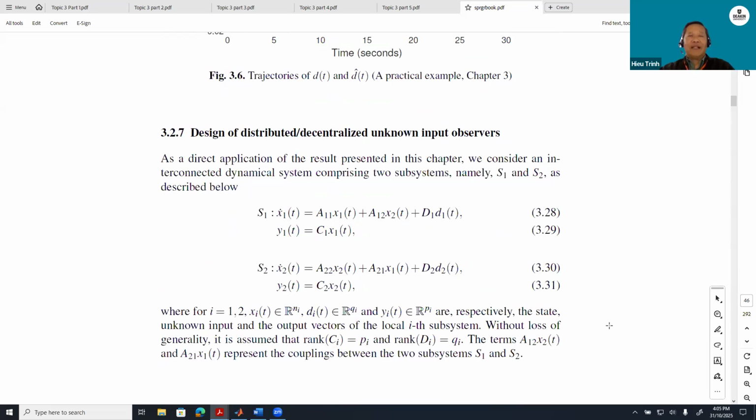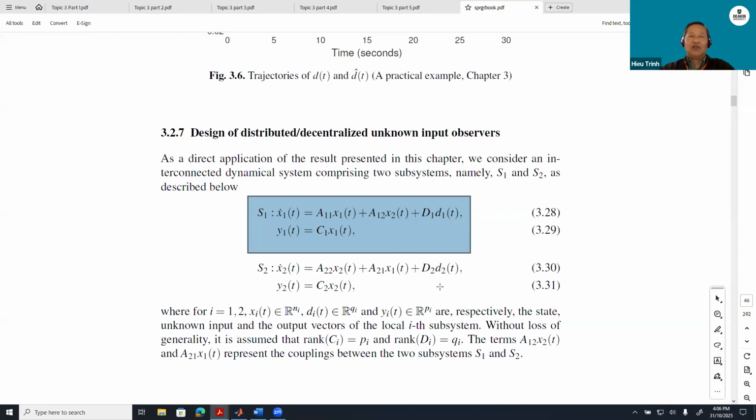But in the next presentation, which also belongs to this section, we're going to apply the estimation of an unknown input in the presence of multiple unknown inputs, and we're going to apply it to an interconnected system which consists of two subsystems.